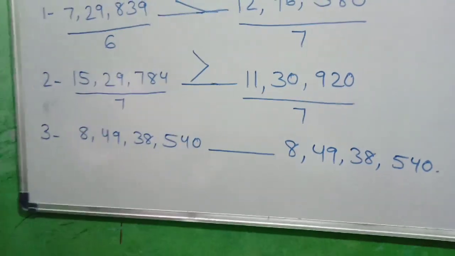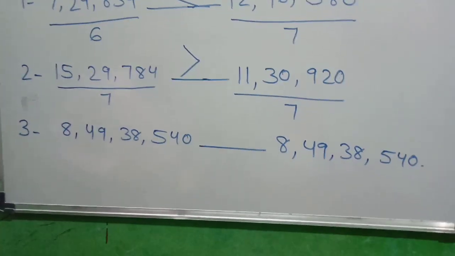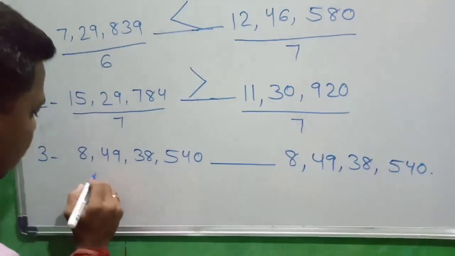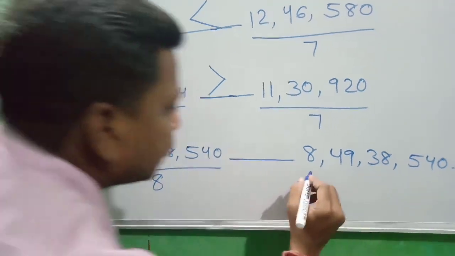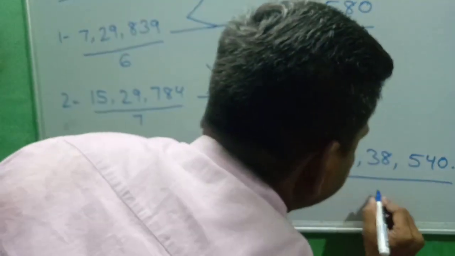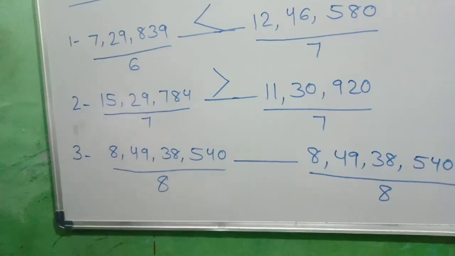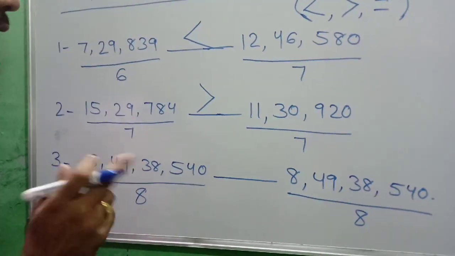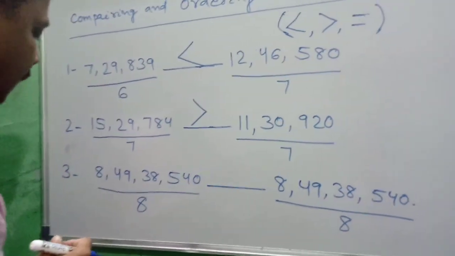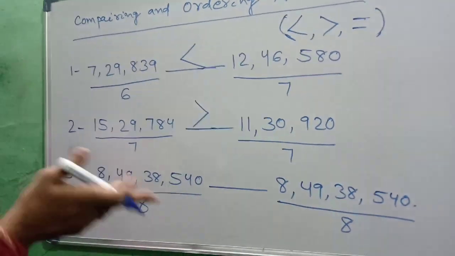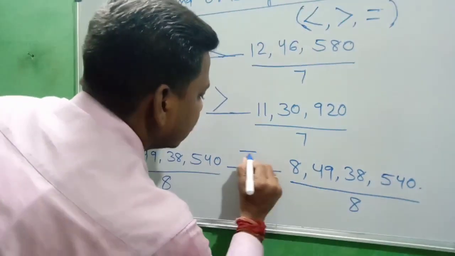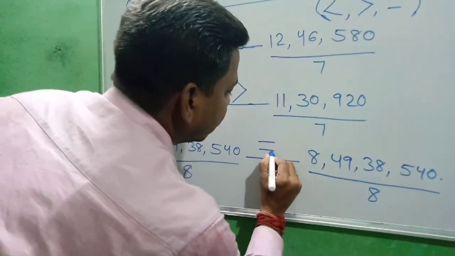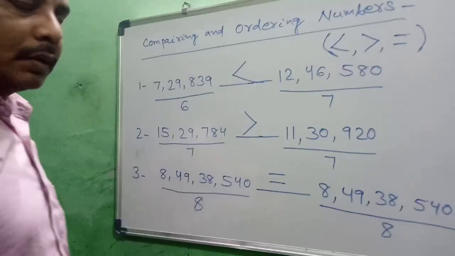In both, the number of digits is the same. Means both have 8 digits and the number of places are also the same. So both the numbers are equal, so we can put an equal sign between the numbers. Okay.